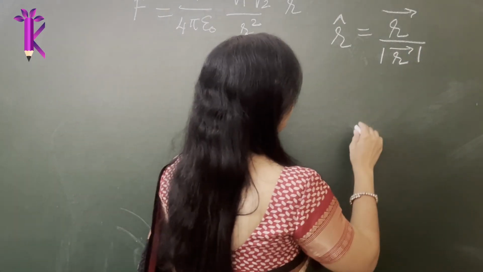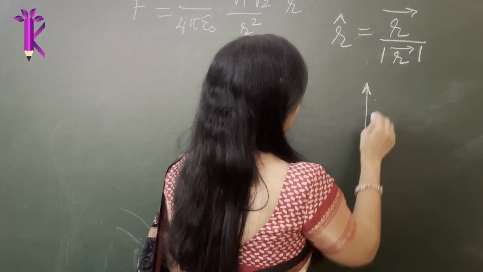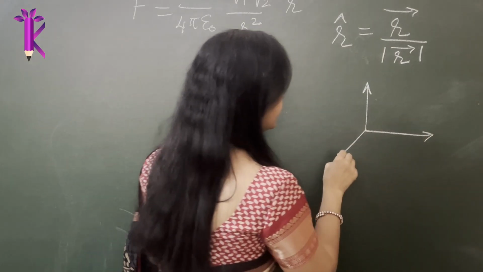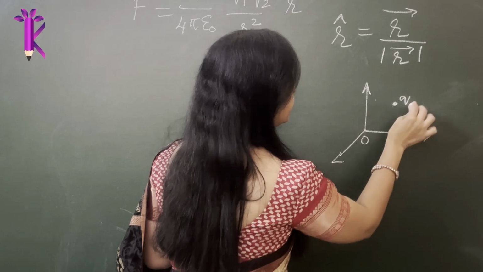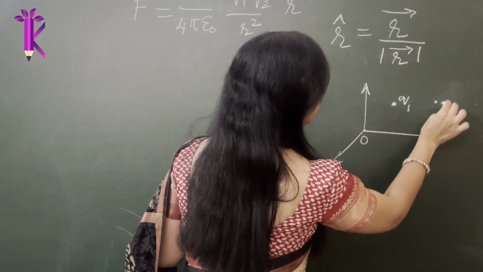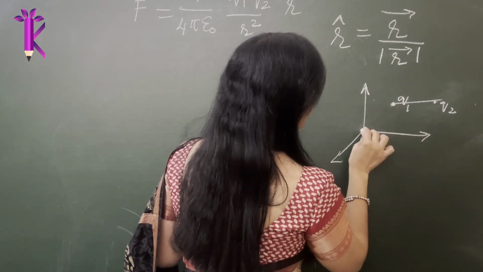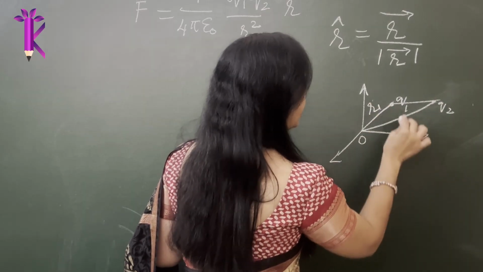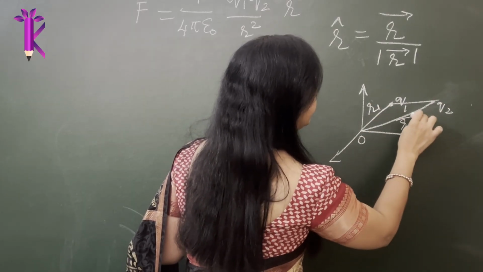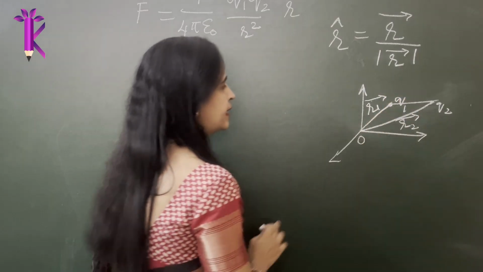Now, I'll show you a vector. Let's take this example. Let's take a coordinate axis. Let's take a point; you can take the same points Q1 and Q2. So if you have to define where they are placed, you draw two lines. You can call this vector r1 and this vector r2, right?